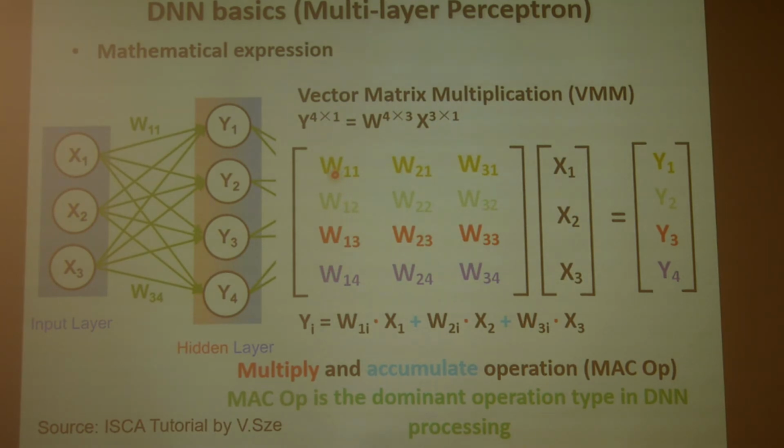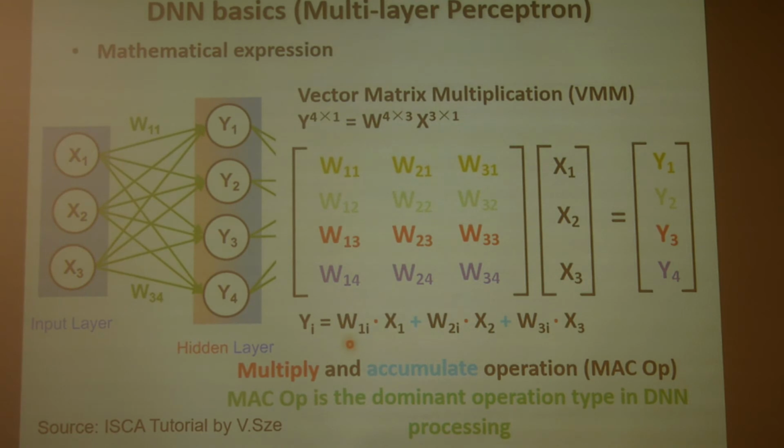For the vector matrix multiplication, basically the first row is multiplied with the vector, and we get the first output neuron Y1, and then we multiply the second row with the vector, and we get Y2. And that's how we get each output neuron value, Y1 to Y4.